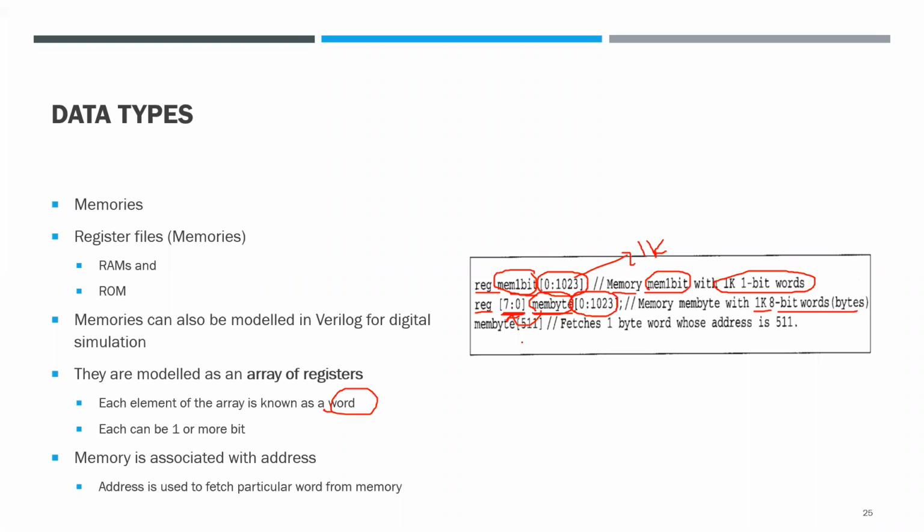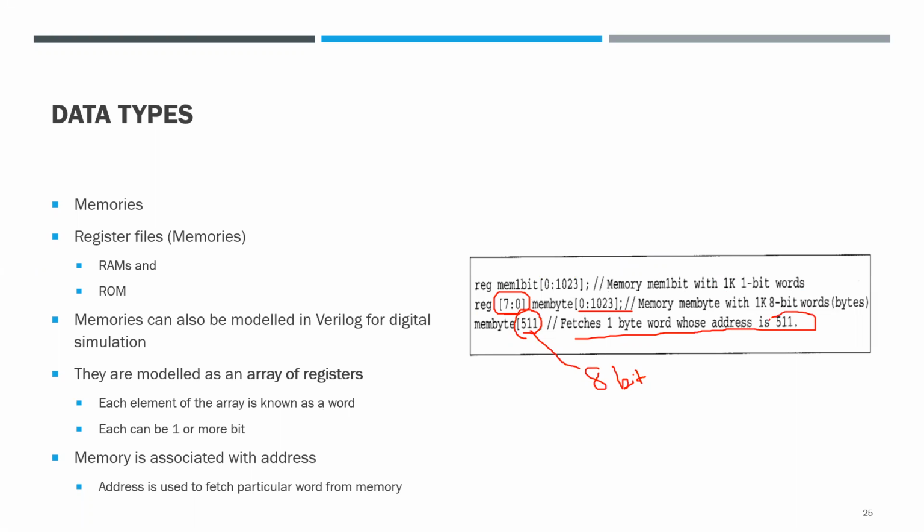Now, if I want to access a specific byte here, I have to make use of the address. The address is specified by a number which falls within this range. When I specify this, I get an 8-bit word, since mem byte is 8-bit. So it fetches 1 byte of word whose address is given by 511, and mem byte is the identifier.